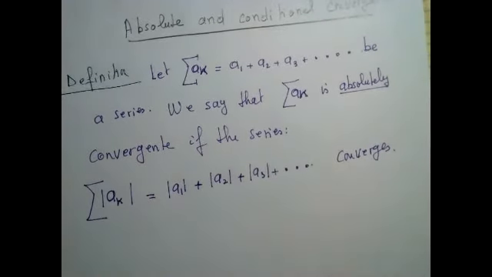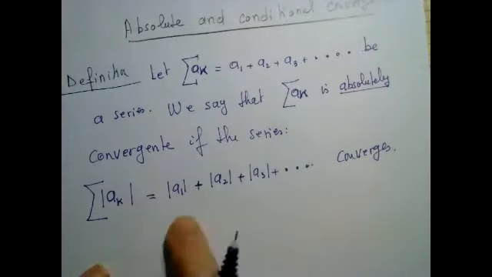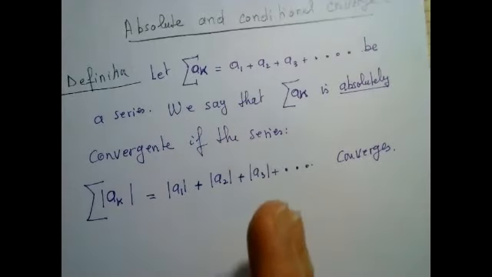Okay, so we have a series, not necessarily of positive terms. We say that it is absolutely convergent if, when I take the series in absolute value, so I don't have any minuses, I get rid of everything called minus, this new series converges.